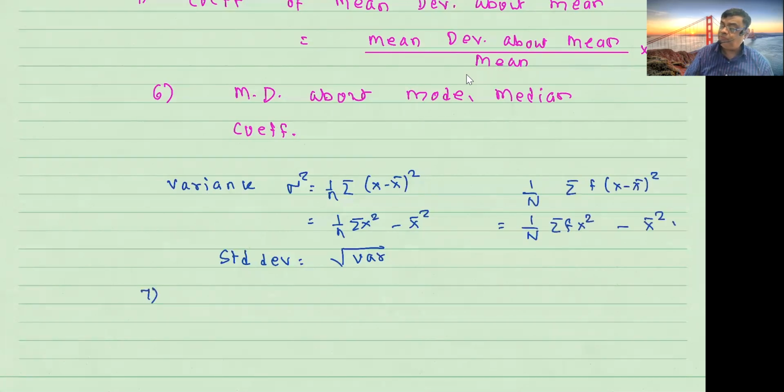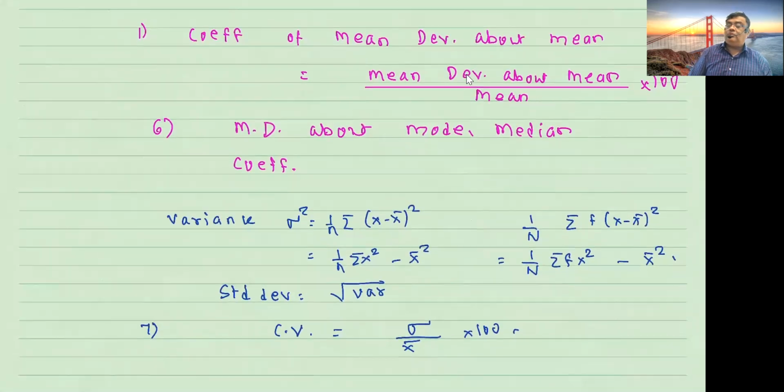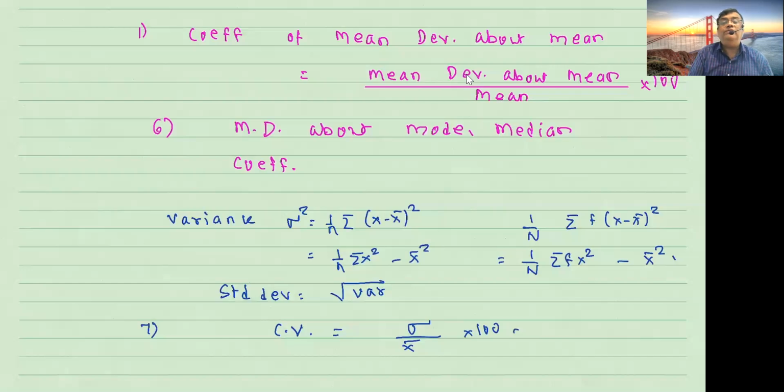And the last point is that the coefficient of variation is sigma over x bar into 100. We have prepared the list of formulae.